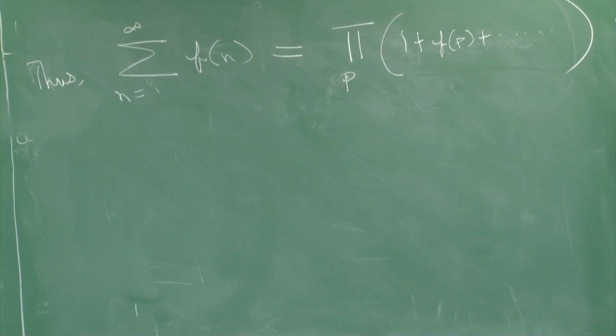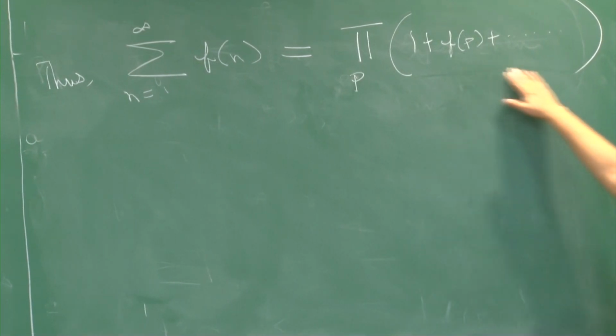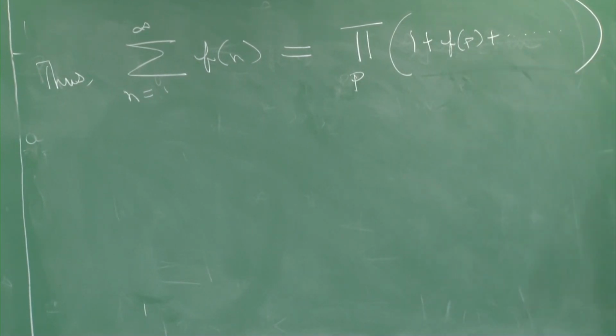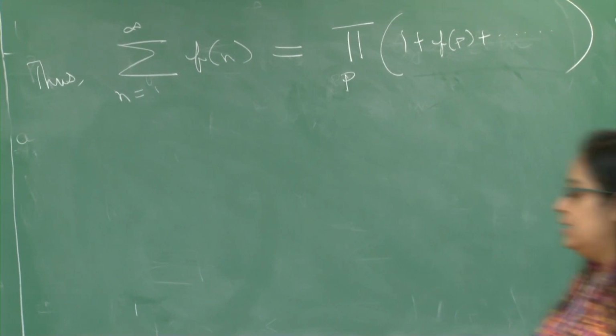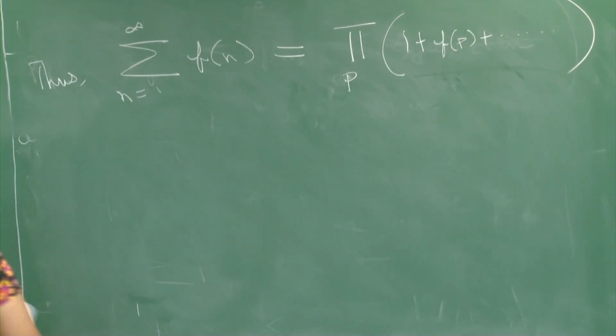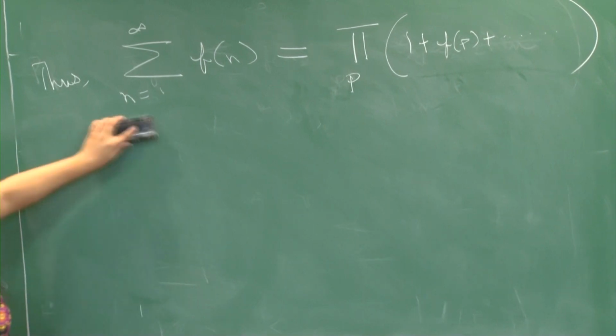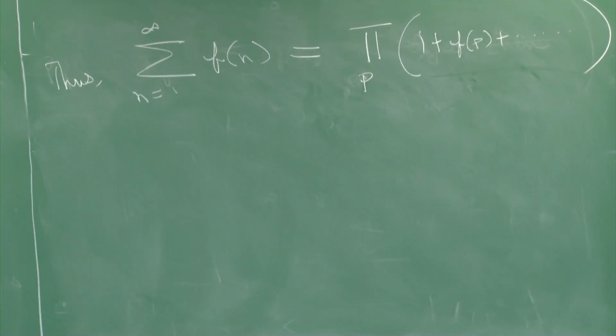So, you have an Euler product over all the primes, and for each prime this is the corresponding Euler factor. So, now you know this equality. This is something that lies at the heart of the study of multiplicative functions.